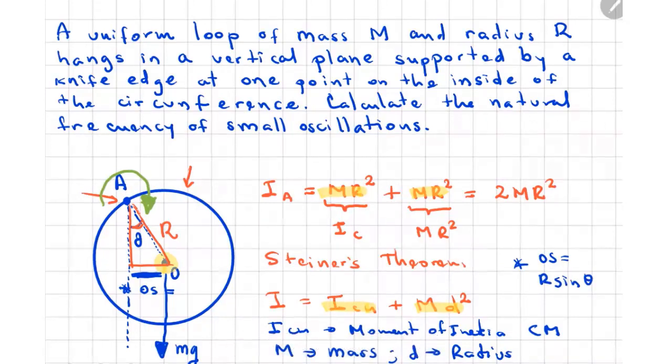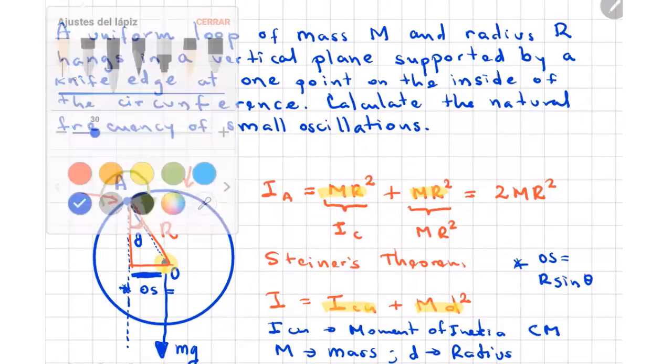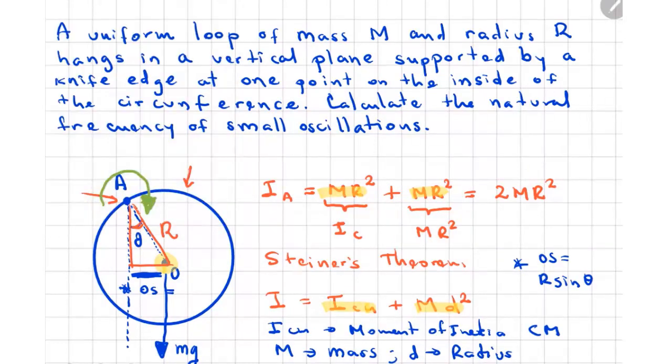Okay, so the reason that side is the one we use is because it is the side that contributes to the torque. This side, the one with green color, the adjacent side, won't contribute to the torque.